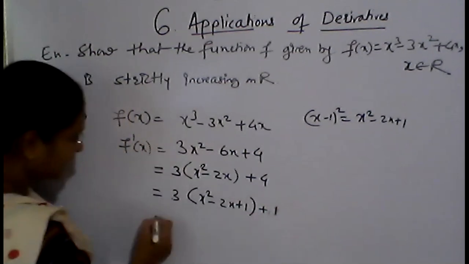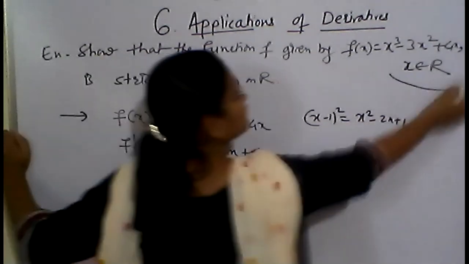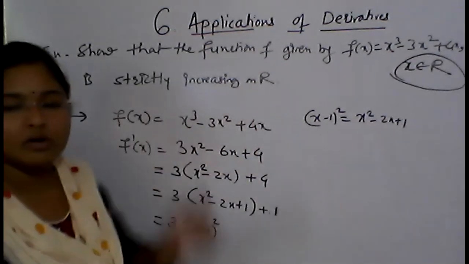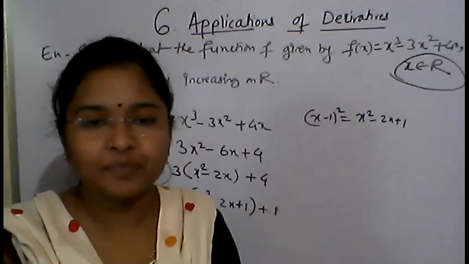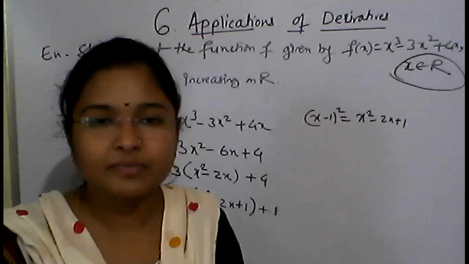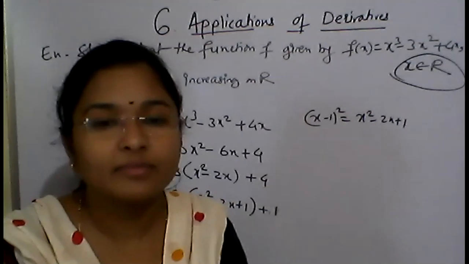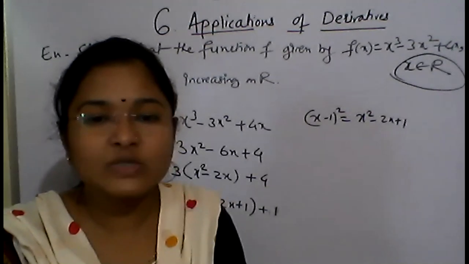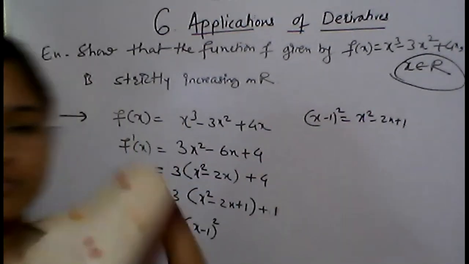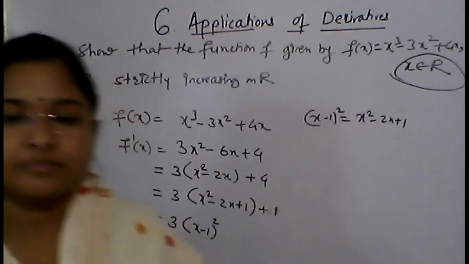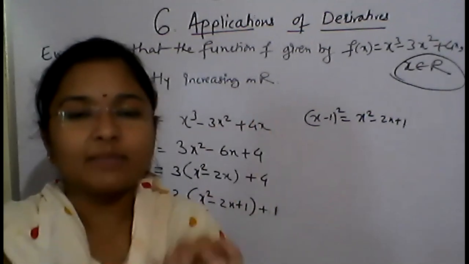And the next I will write 3 in bracket x minus 1 whole square. X we have taken from real numbers. So x minus 1 will be the real number only. Yes or no, boys? Yes, ma'am. हाँ, तो x minus 1 अगर रियल नंबर है तो कोई भी रियल नंबर का square of any real number is what?